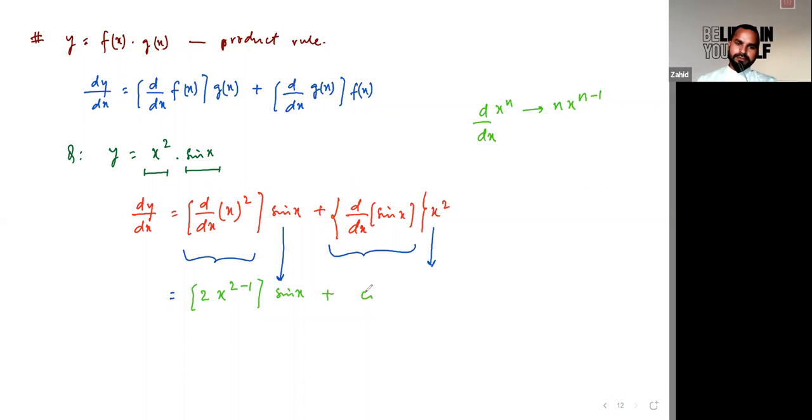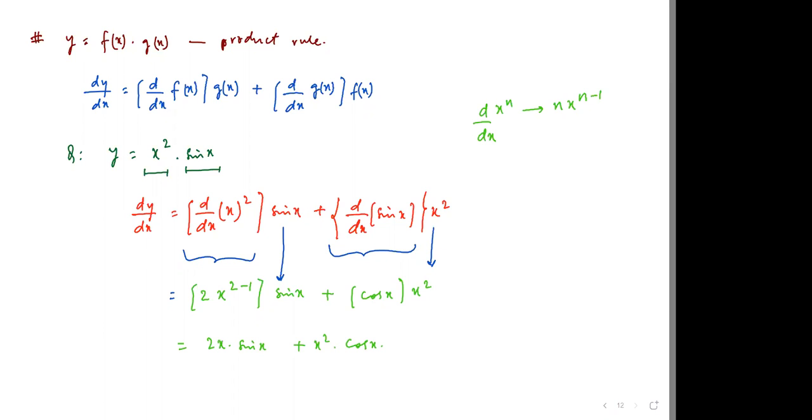So it will be cos x multiplied by x squared. On simplifying, you will get 2 times x times sine x plus x squared times cos x. Is it clear? Alan? Yes, sir. Okay, just write it down.